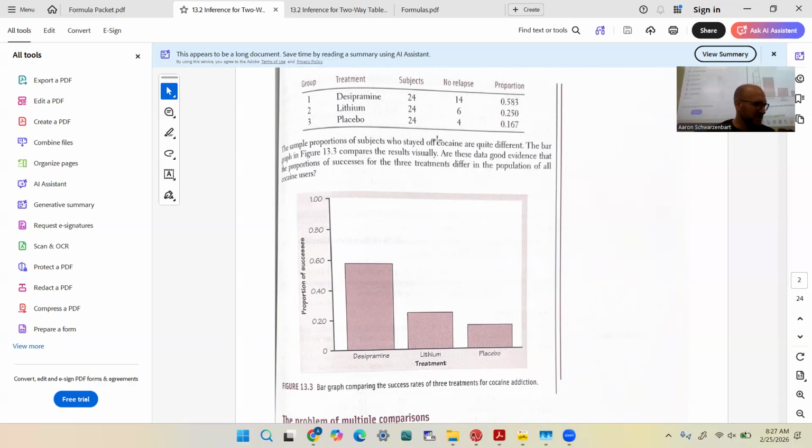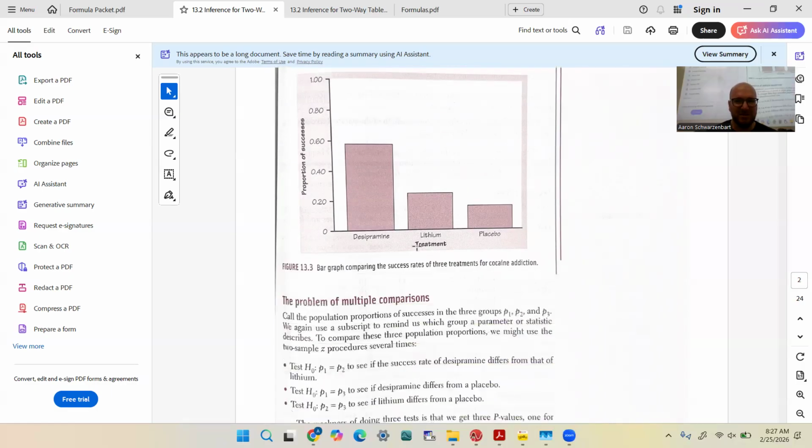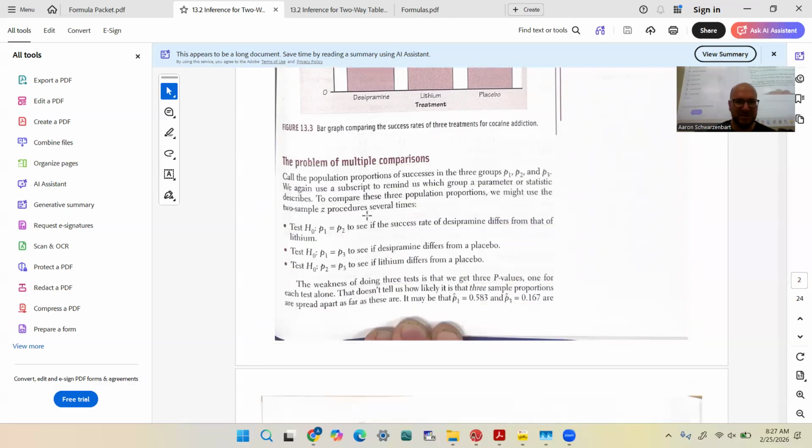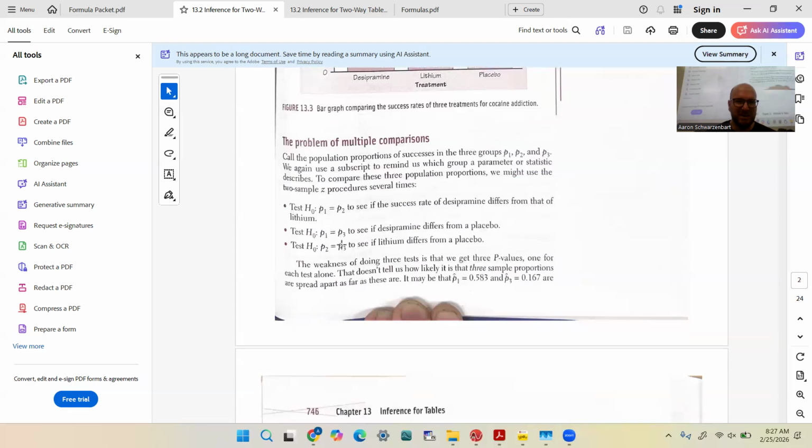Like if you don't want to quit, you probably aren't. So that's not necessarily a population we'd be interested in studying.